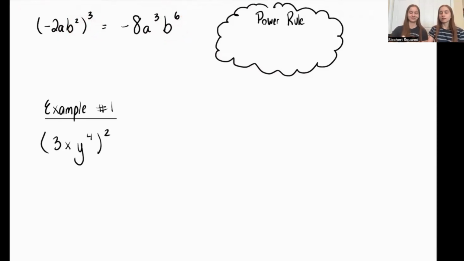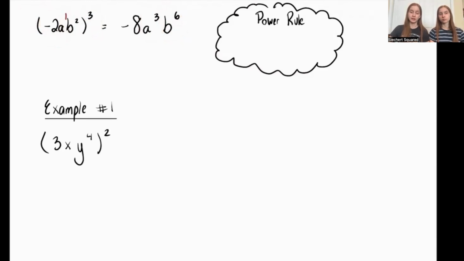Okay. And even though it doesn't necessarily look like that is the rule that holds for the -2 and the a, for the a, it doesn't have an exponent, so really it has a 1. And then when you take that exponent 1 times 3, it does give you that a cubed. And for the number, that I think tends to be the one that throws people off the most. You have that -2 in front.